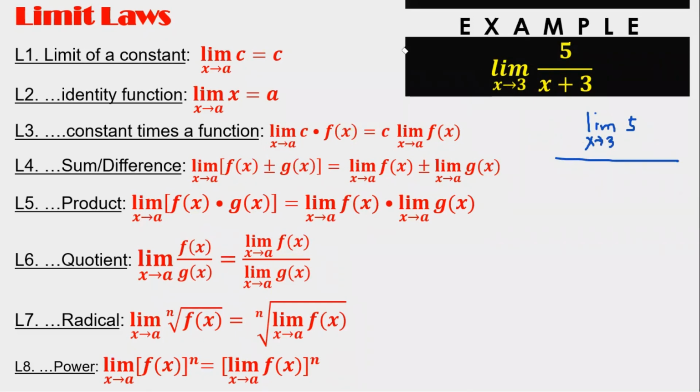It should be here so that it would be in the middle. Okay, so we have here limit of, let's just apply everything, limit of sum and difference, since the denominator has a plus operation, I mean the operation is plus or addition.